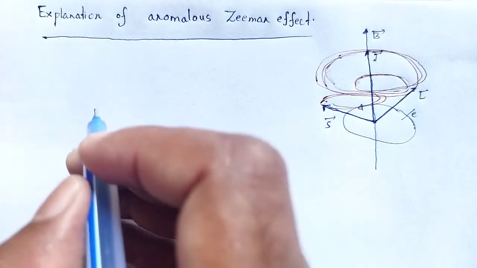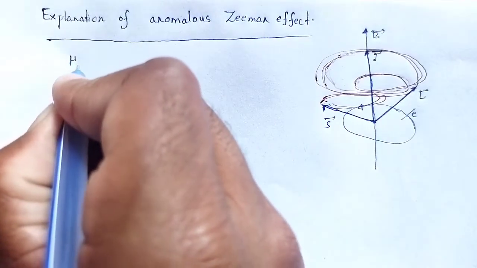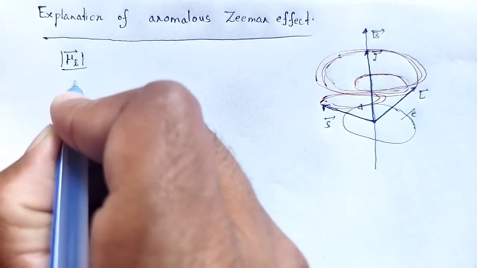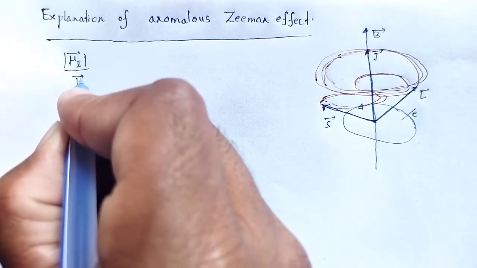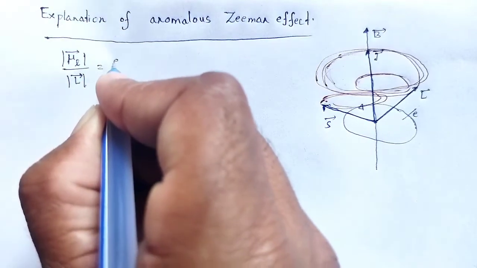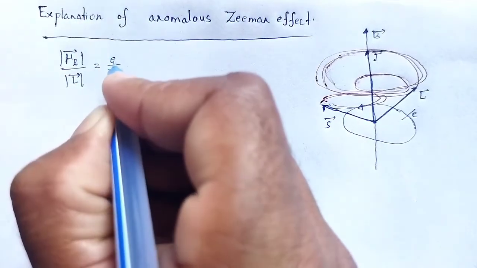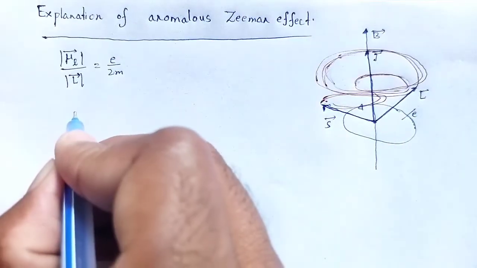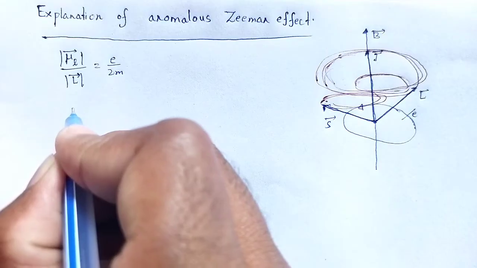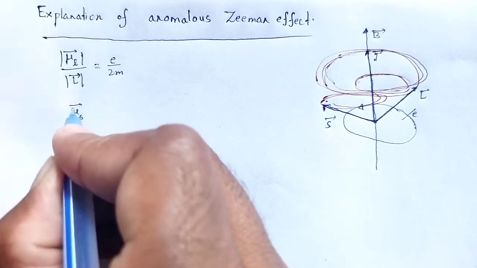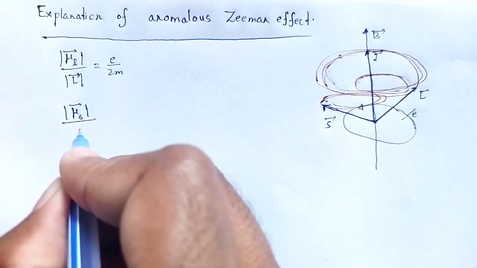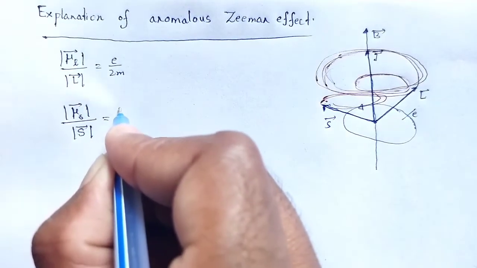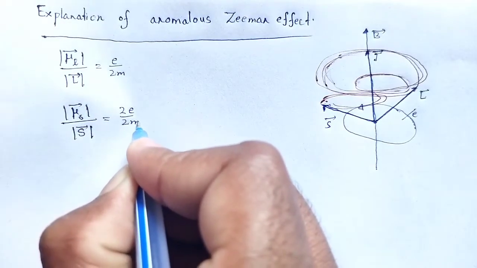How to explain? We know the ratio of the orbital magnetic moment mu L to the orbital angular momentum is equal to e by 2m, where e is the charge of the electron and m is the mass of the electron, which is known as the gyromagnetic ratio. The ratio of the spin magnetic moment mu S to the spin angular momentum S is equal to 2e divided by 2m.